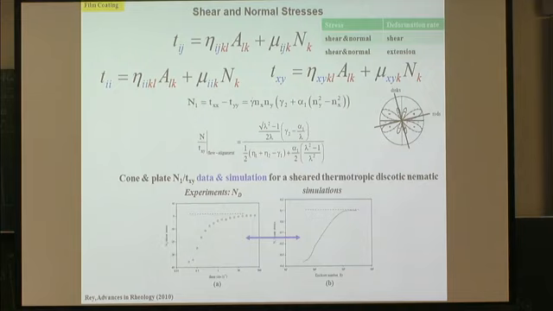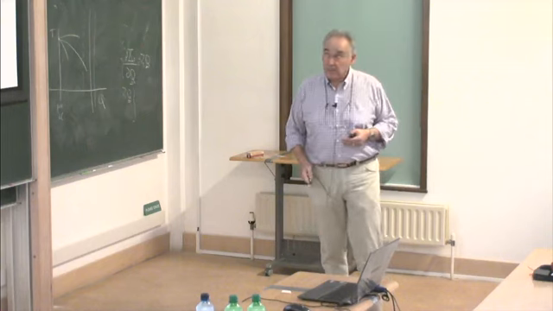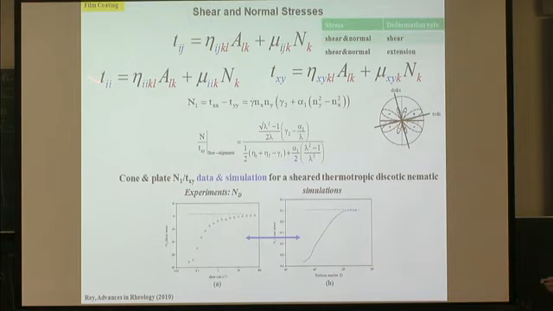This tells you that a shear deformation gives rise to shear and normal stresses, and an extensional deformation gives rise to shear and normal stresses. This is kind of trivial for anisotropic systems, since the viscosities and these torque coefficients are tensorial quantities. From here, if we want to compute extensional stresses, we put i equal to j, and if we want to compute shear stresses, we put xy.